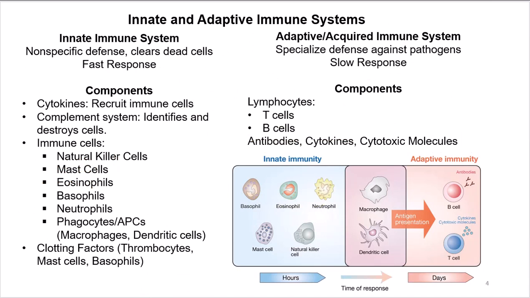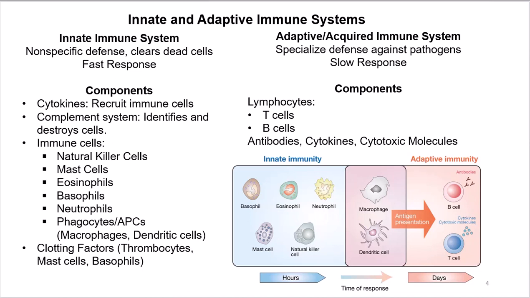So, to begin our story, remember that there are two parts to the immune system, the innate immune system and the adaptive immune system. The innate immune system has all sorts of elements in it, including natural killer cells, mast cells, and a variety of cells. And these are non-specific defenses that the body uses.